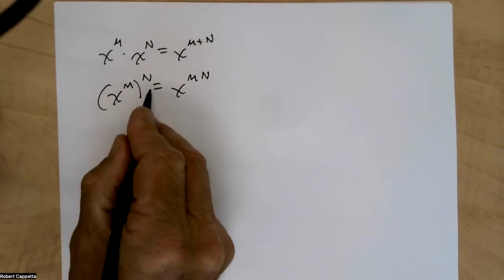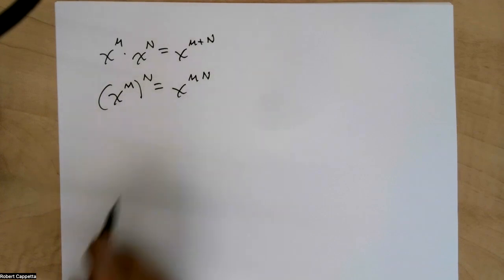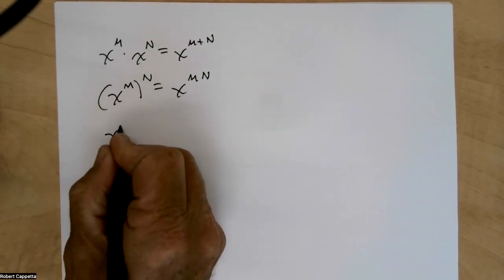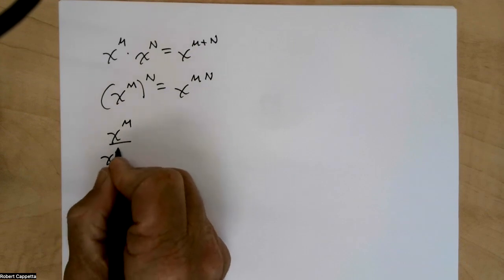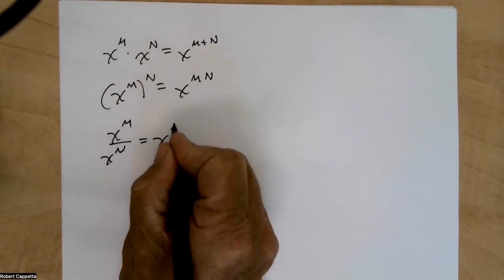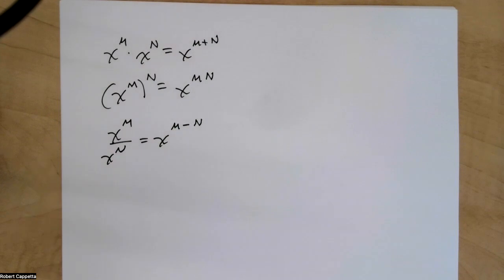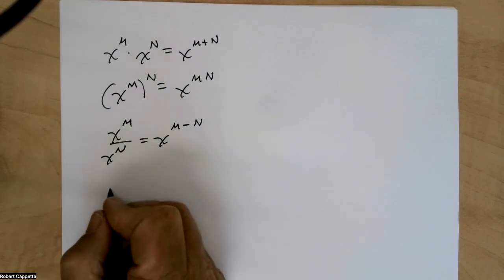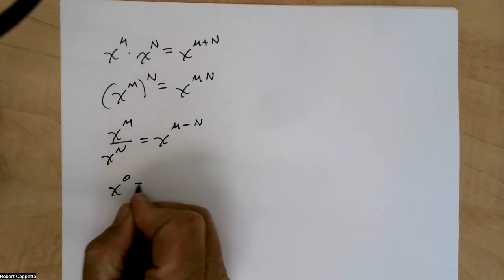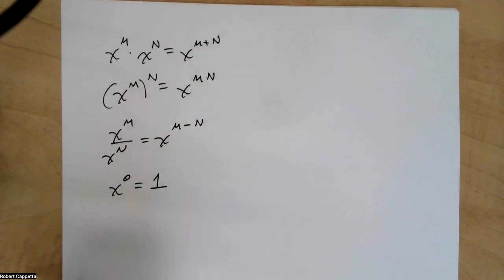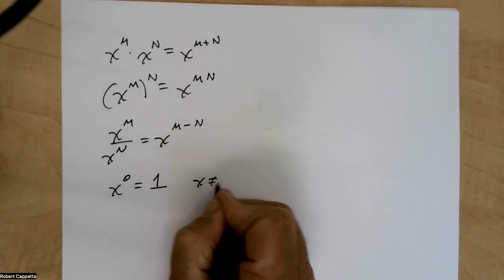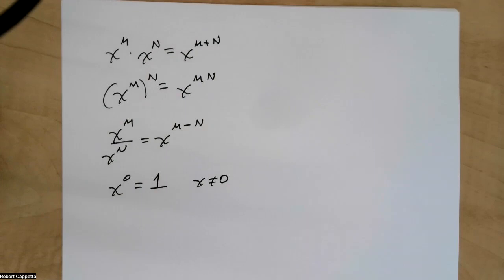X to the m written n times, a total of m n x's. Then we had x to the m over x to the n, which was x to the m minus n. And finally, anything to the 0 power is 1, as long as that anything isn't 0. Those are our basic rules of exponents.